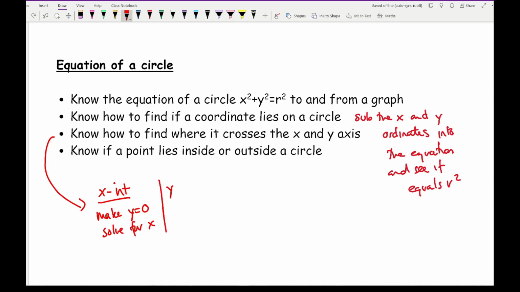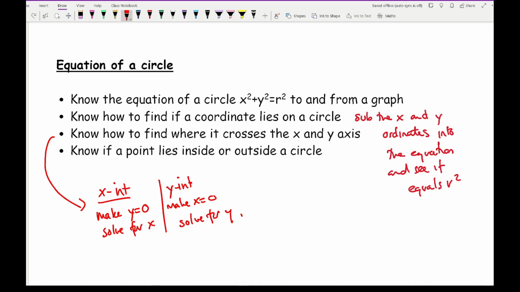And to find the y-intercept, all you need to do is do the opposite, which is make x equal 0 and solve for y. And that'll tell you where the circle, if it does, intercepts the x or y axis.